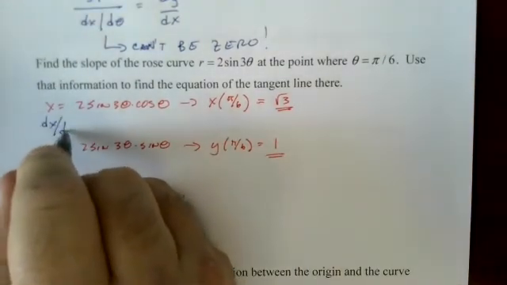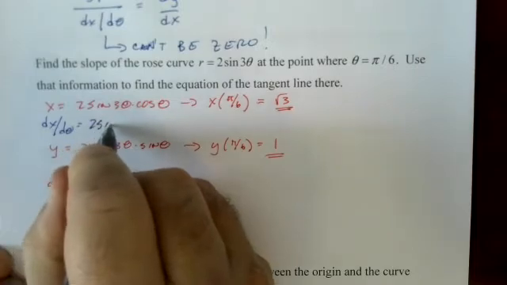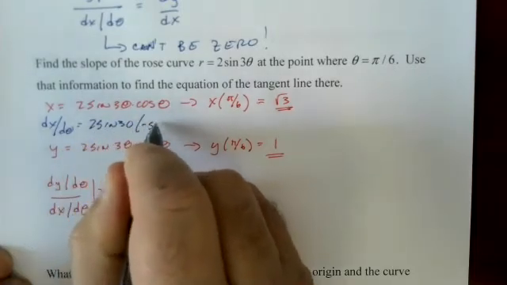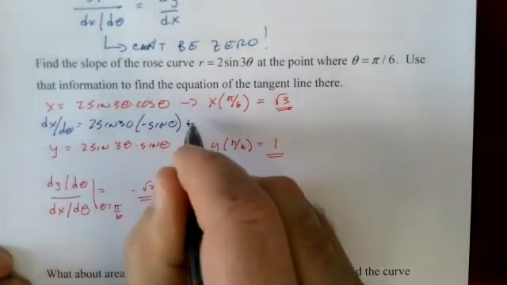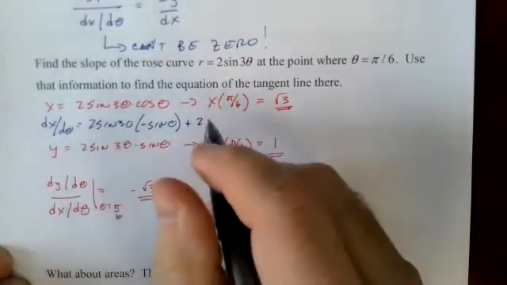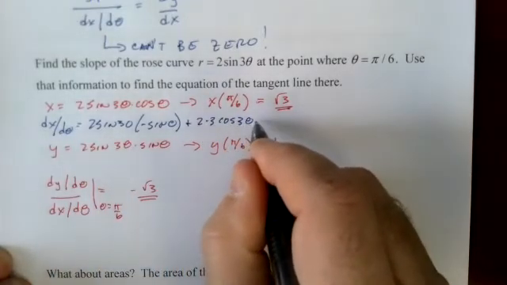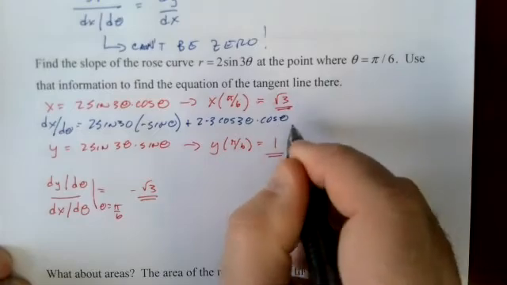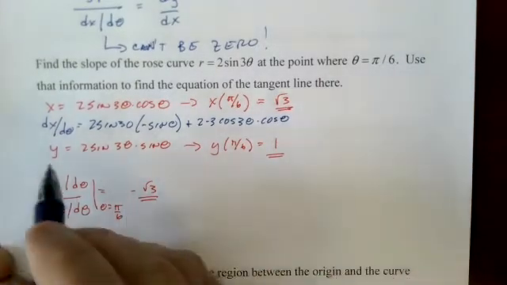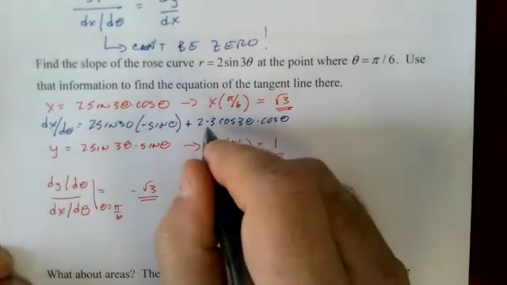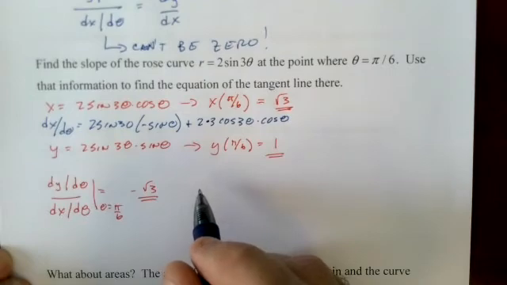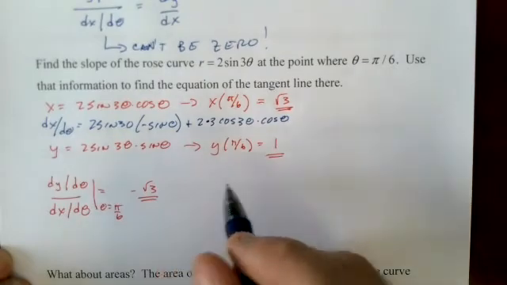Dx d theta equals, leave it, negative sine of theta plus 2 derivative times 3 cosine of 3 theta, leave it, cosine of theta. Yeah, I think I see why I didn't want to do this. This is kind of nasty. Times. Good.